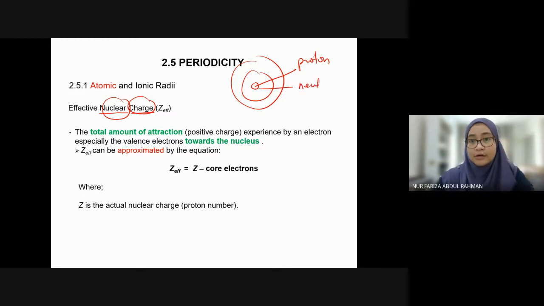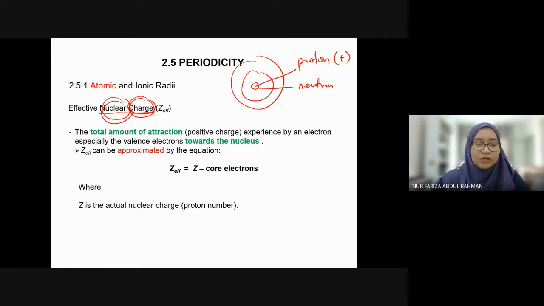The proton is positively charged, whereas neutron is neutral. So the nucleus is positively charged, because it consists of proton, and proton has positive charge. So the nuclear charge is positively charged.